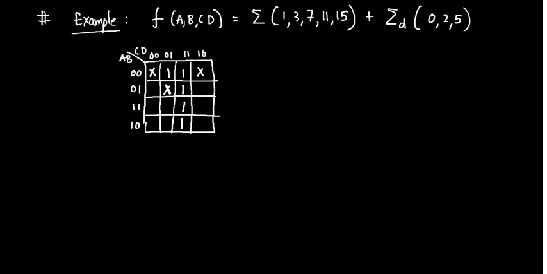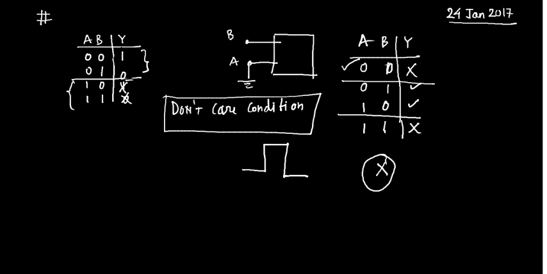Now see, when I am saying that x may be 0 or 1, it's our prerogative to set it as 1 or 0. So let me write that. x may be 1 or 0. What to set depends on us. Again, it depends on the designer, like I need to simplify.